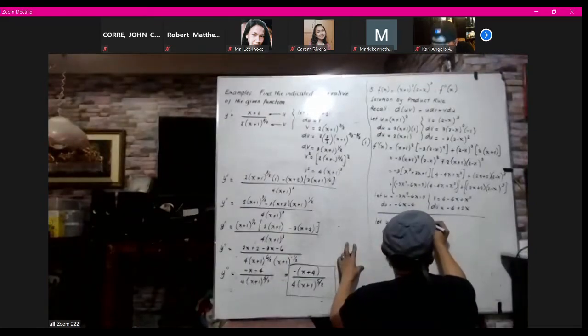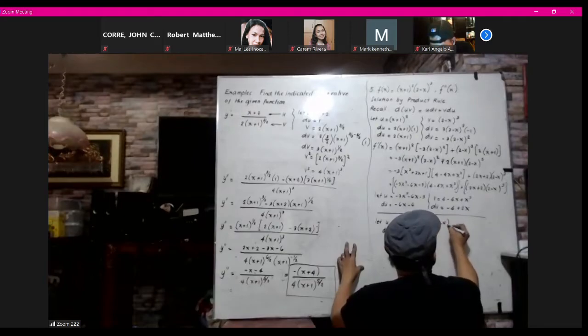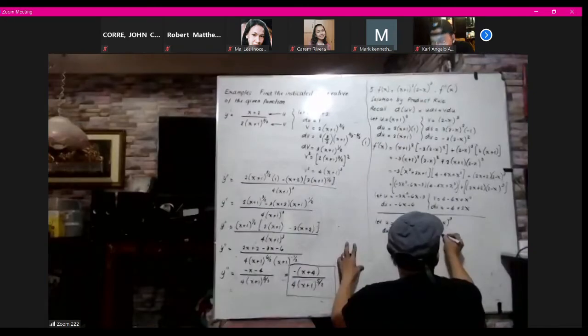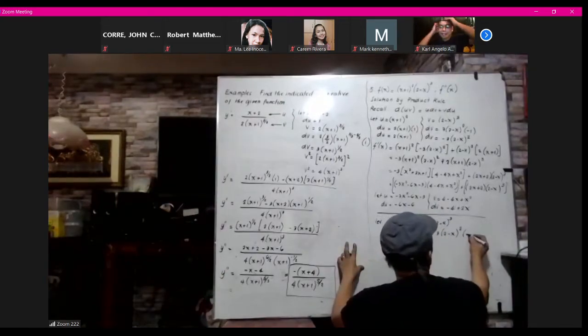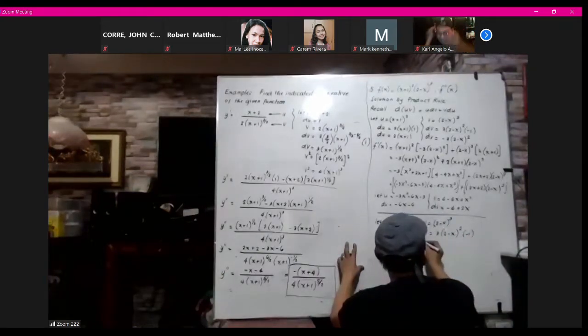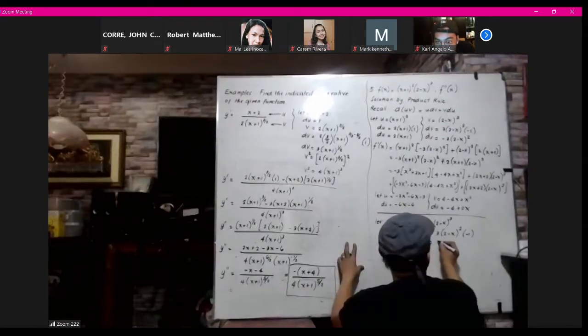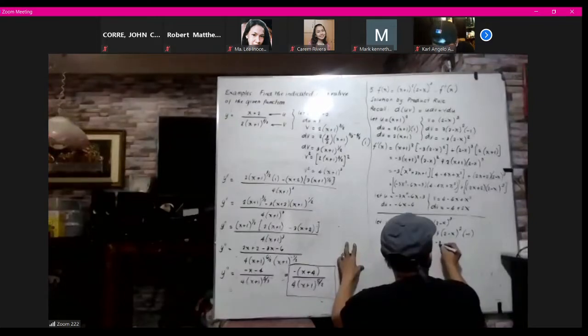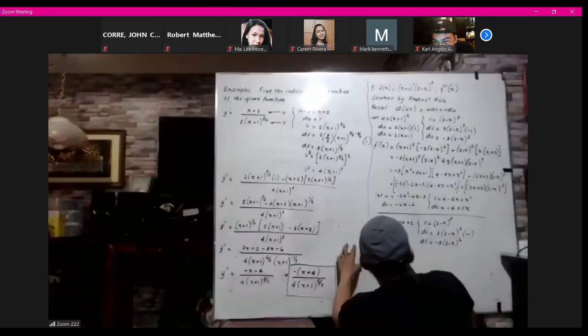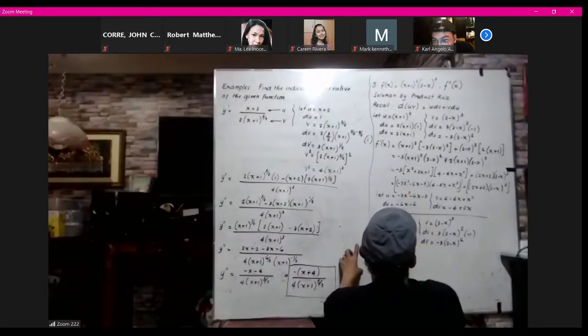Then, how about v? Another v here is (2 minus x) cubed. Derivative ng v natin is equal to 3 times (2 minus x) raised to 2. Derivative of negative x is equal to negative 1. So therefore, dv natin is equal to negative 1 times 3, negative 3, then multiplied by (2 minus x) squared. Yan. Okay? So sundan na natin muna yung isa.